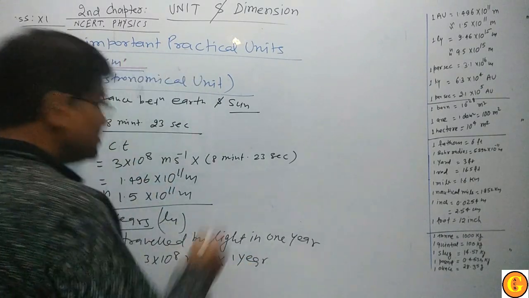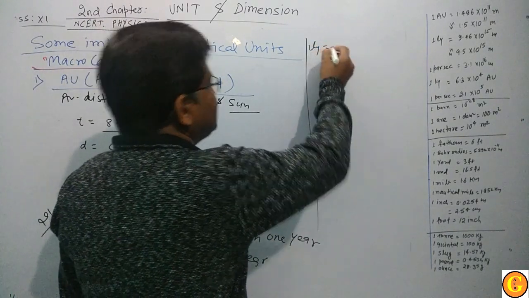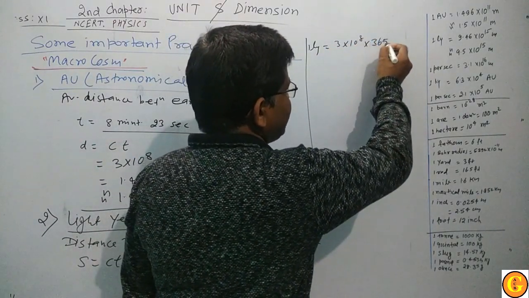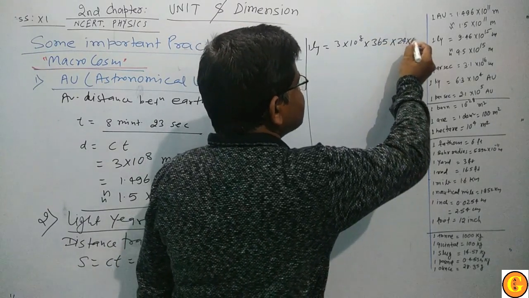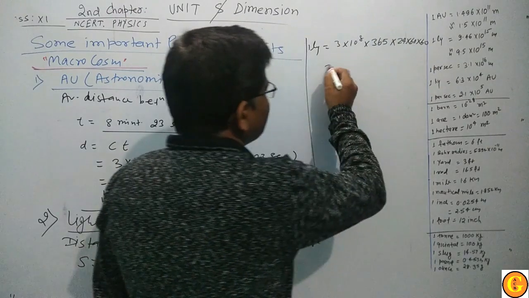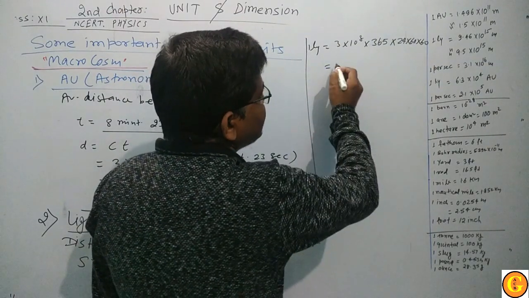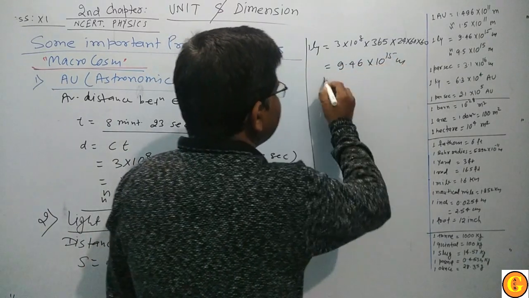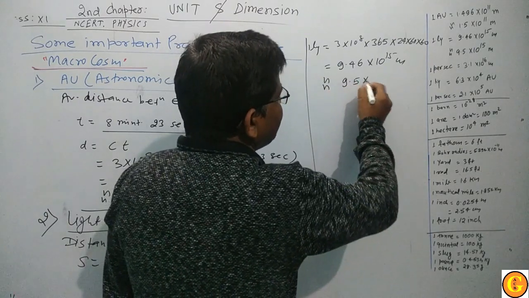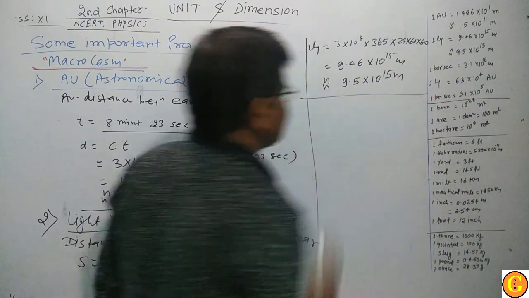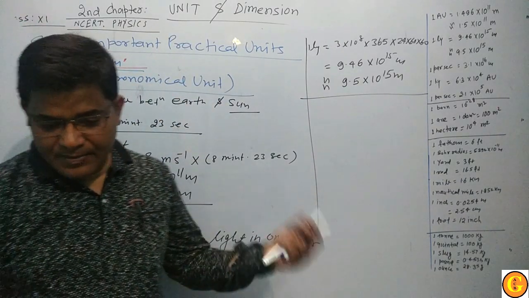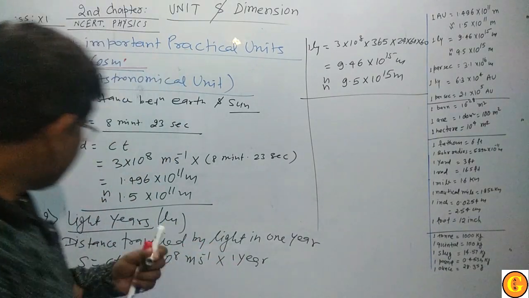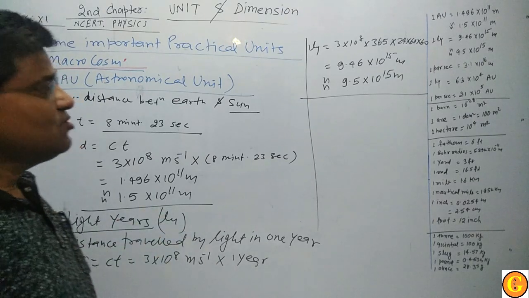So 1 light year is equal to 3 into 10 to the power 8 into 365 days, 24 hours, 60 minutes, 60 seconds. Multiplying these all, you get 9.46 into 10 to the power 15 meter, approximately 9.5 into 10 to the power 15 meter. This is the light year.